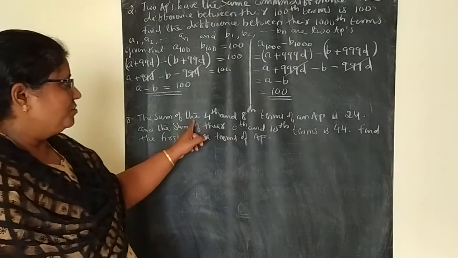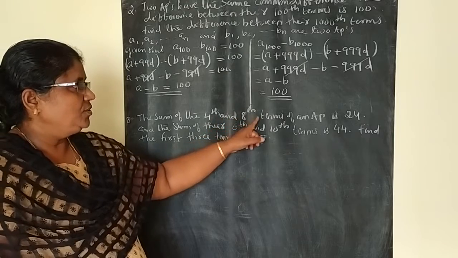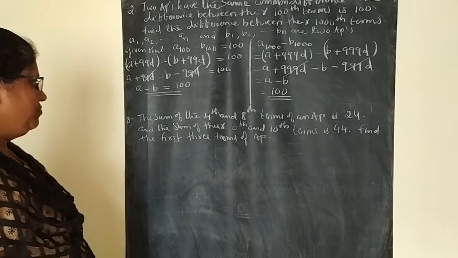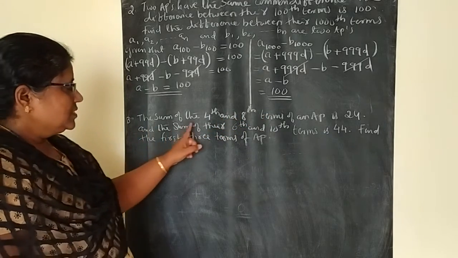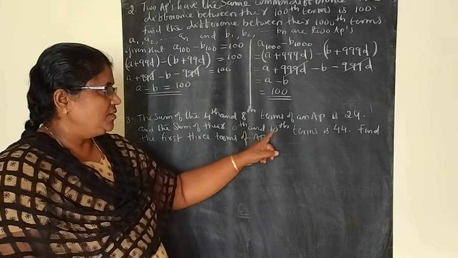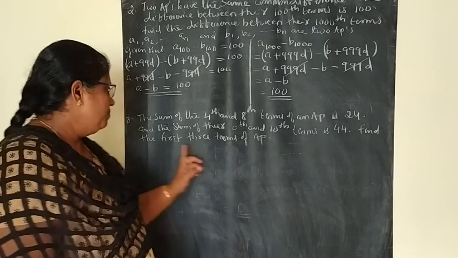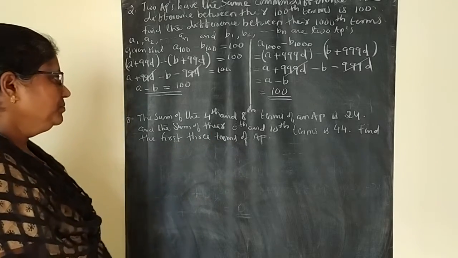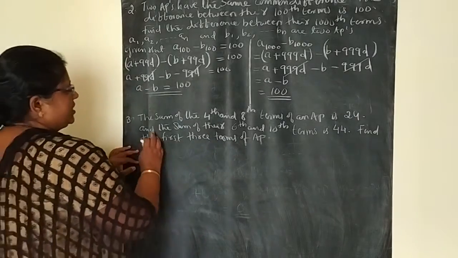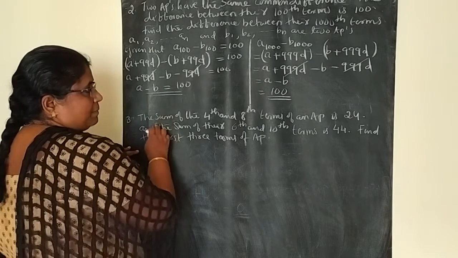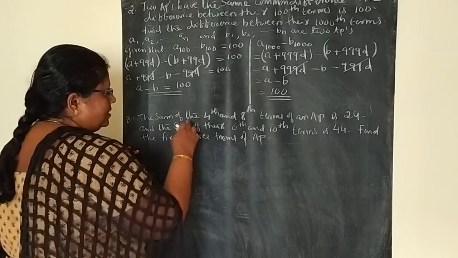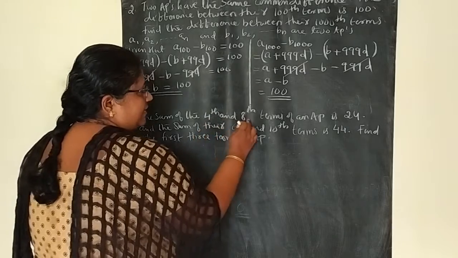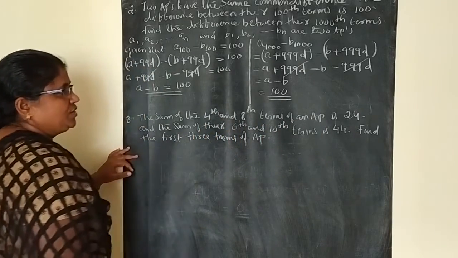The sum of the 4th and the 8th terms of an AP is 24 and the sum of their 6th and 10th terms is 44. Find the first 3 terms of the AP. What is given? The sum, meaning addition, of the 4th and 8th terms of an AP is 24.